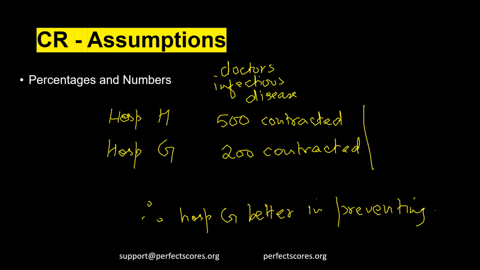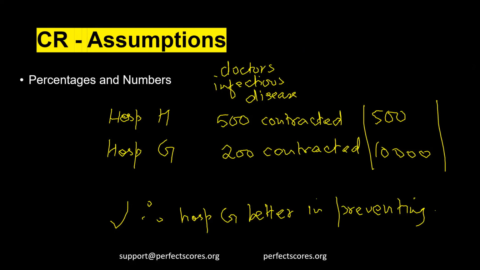So what if you had 500 doctors who treated the infectious diseases here and 10,000 over here? Definitely in that case, the argument gets strengthened that hospital G is better, because out of 10,000, only 200 got the disease, and in hospital H, out of 500, all of them got the disease.